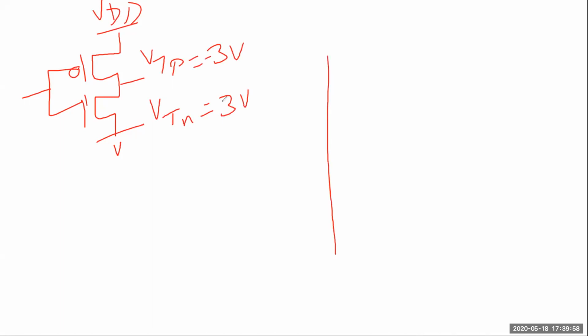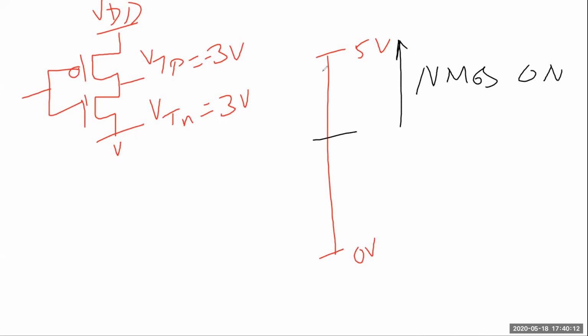On a scale of 0 volt to 5 volt, again the same thing: after 3 volt your NMOS is on, and 5 minus 3 is 2 volt. Before 2 volt, my PMOS is on.